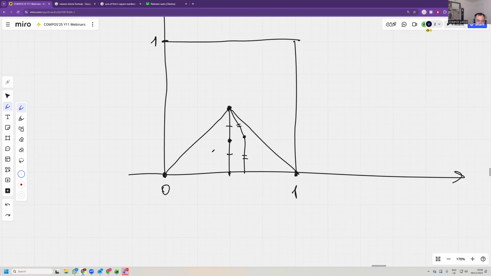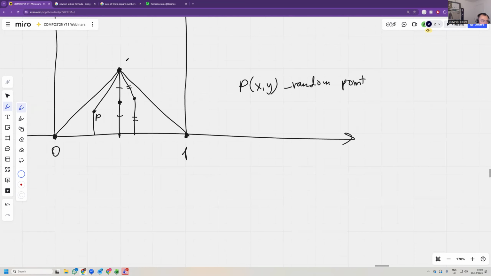Okay, so let's take P. P(x, y) is a random point inside the square. Distance to O. O is the center. No, O is not the center. C is the center.